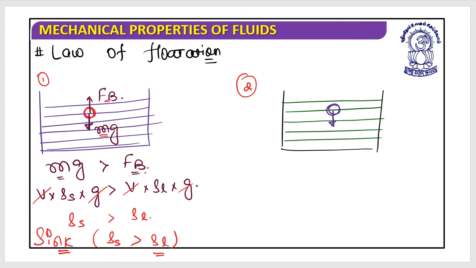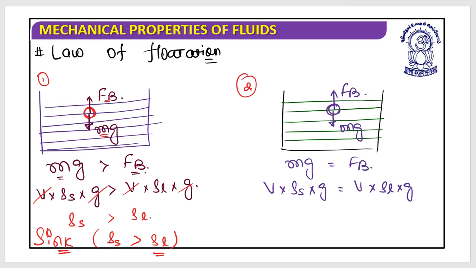One force is mg, another force is FB, and in this case mg equals FB. So this is V into density of solid into g, equals V into density of liquid into g. This is the case of density of solid equals density of liquid.